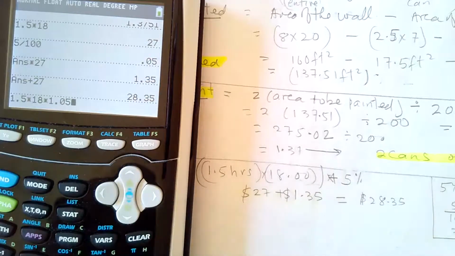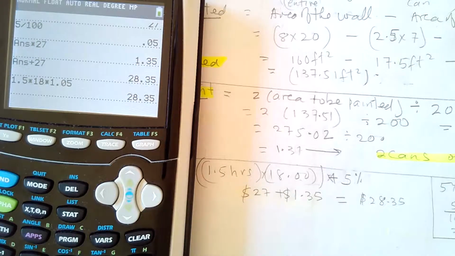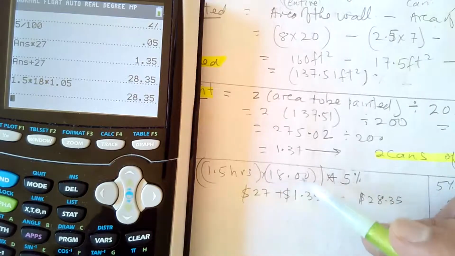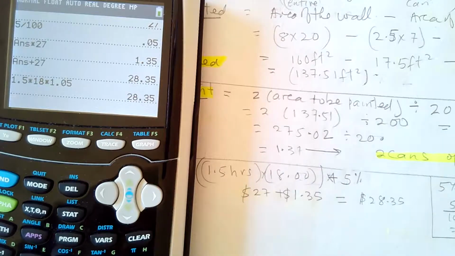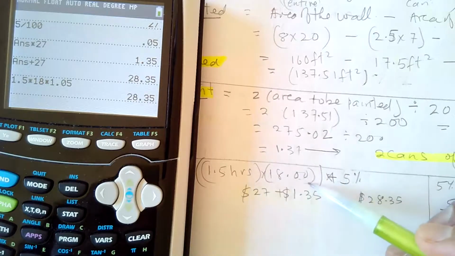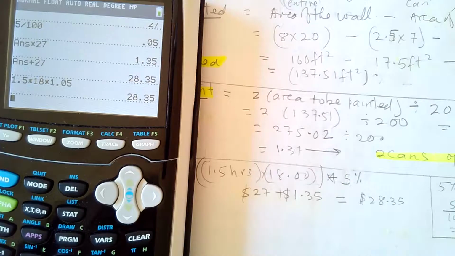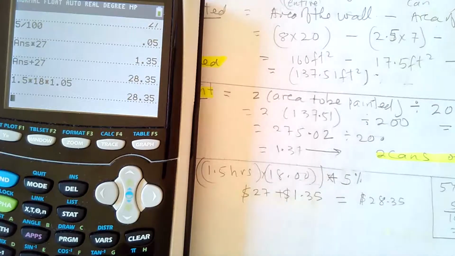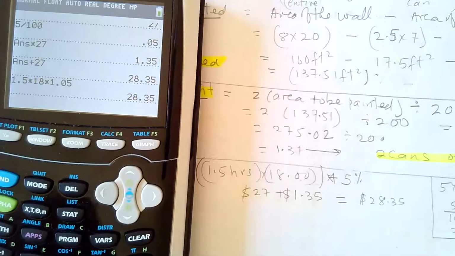The 0.05 is your 5% tax, and that will give you the same amount. It's a much quicker way, but if you don't like that way, you simply find how much it will cost for the labor, then find the 5% of that amount, and then add it to the original amount. It's more work, but it's the same.